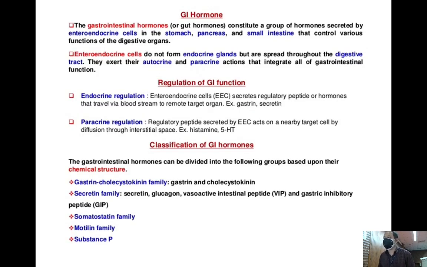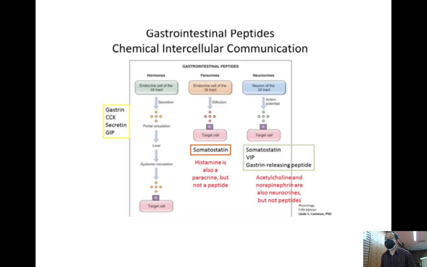So GI hormones constitute a group of hormones secreted by enteroendocrine cells in the stomach, pancreas, small intestine, and control various functions of digestive organs. All right. So anyway, they can exert autocrine, paracrine function or neuroendocrine function, as you can see here. Some of the hormones like gastrin, CCK, secretin, GIP, gastric inhibitory peptide, their action is more by what we call the endocrine pathway.